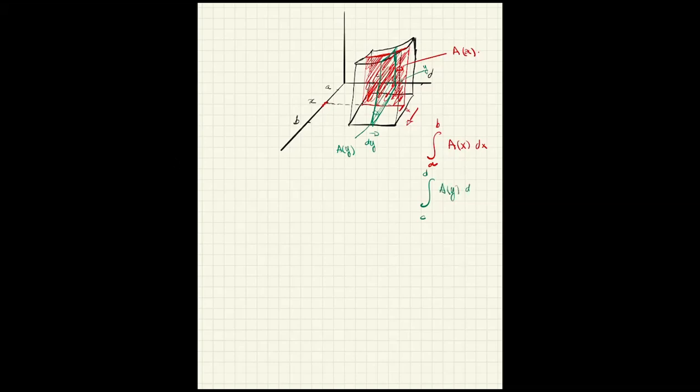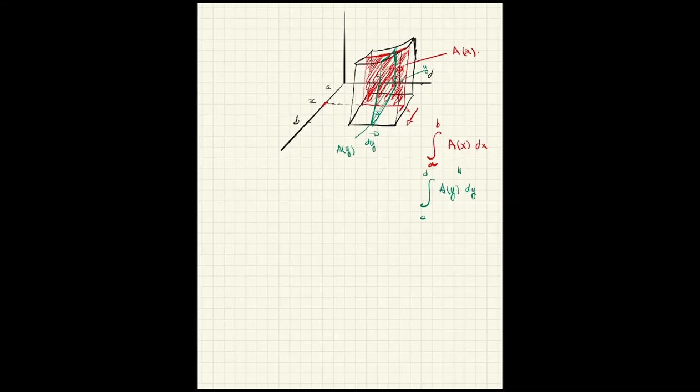Of course, they give you the same thing, if everything is okay and nothing wrong happens, in other words, if the function is continuous, and all of that. That's why it's true. Okay, so let's do an example.